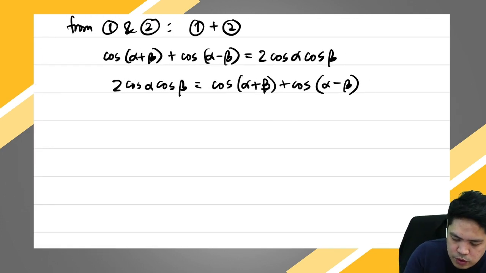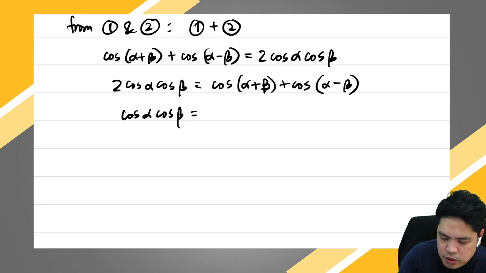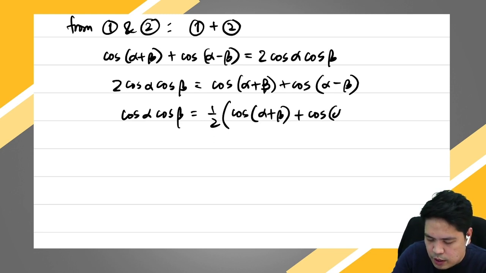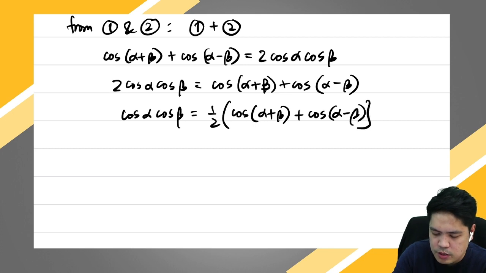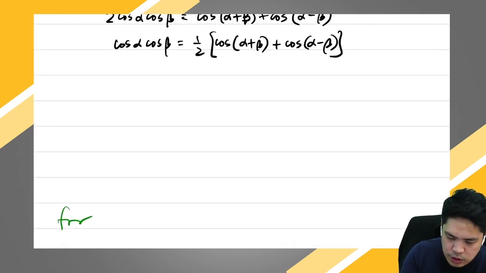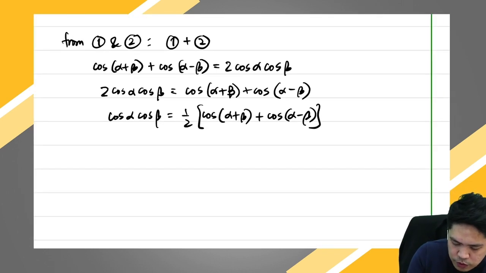So cosine alpha cosine beta can be written as 1/2 of cosine alpha plus beta plus cosine alpha minus beta. From here we can already solve the integral. So let's substitute.